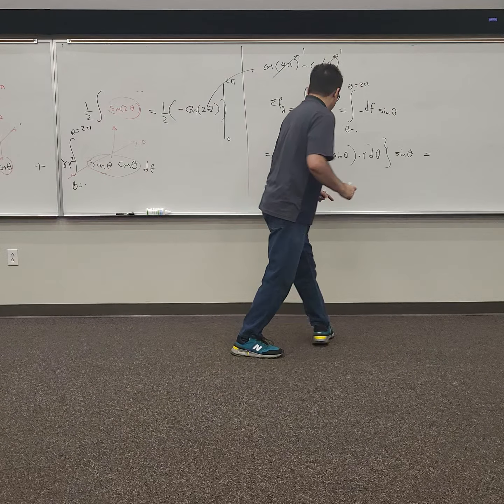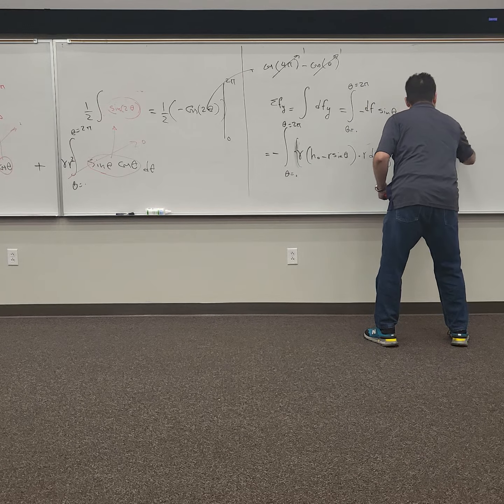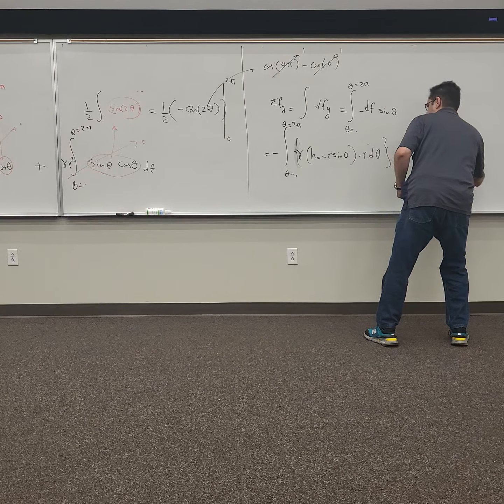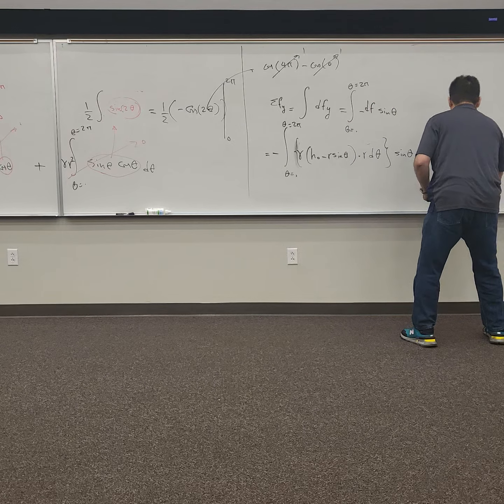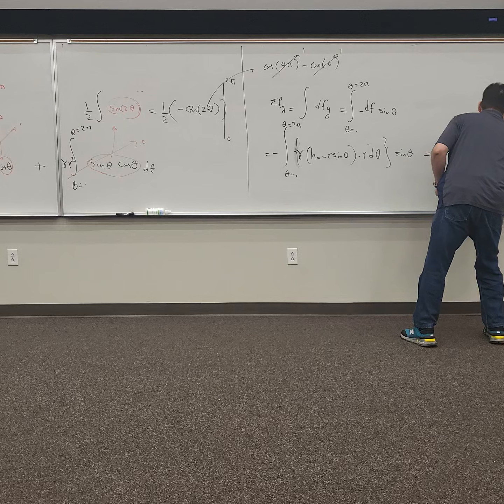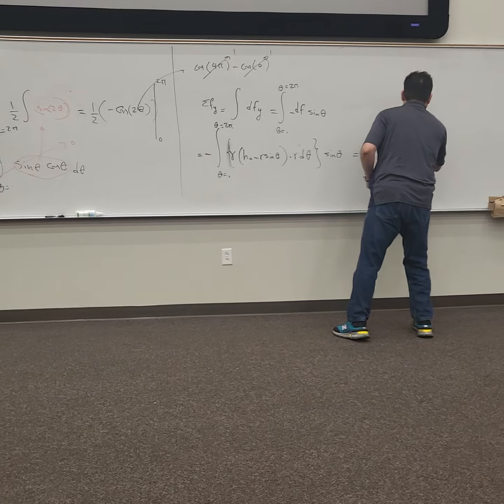So for the first one, you get negative, bring gamma h0 out, and also you're going to get r out, integral of sine theta from theta 0 to 2 pi.